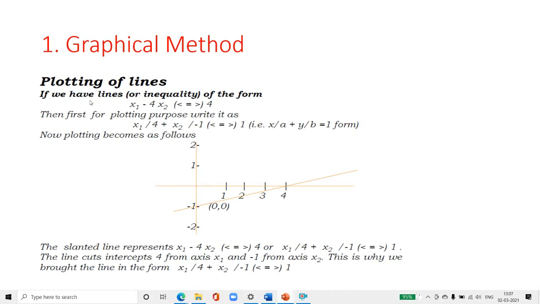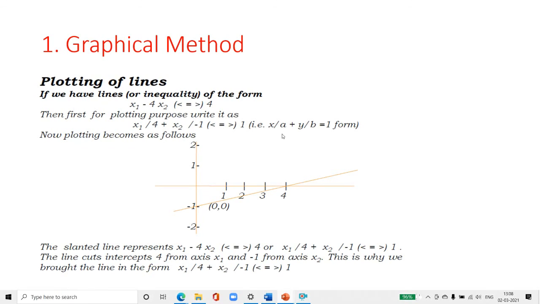Next, if we have the line x1 minus 4x2 less than or greater than or equal to 4, then for plotting purposes we divide by 4 so that the right-hand side becomes 1. The equation is x1 divided by 4 plus 4x2 divided by 4, that is, x1 divided by 4 minus x2, equal to 1.